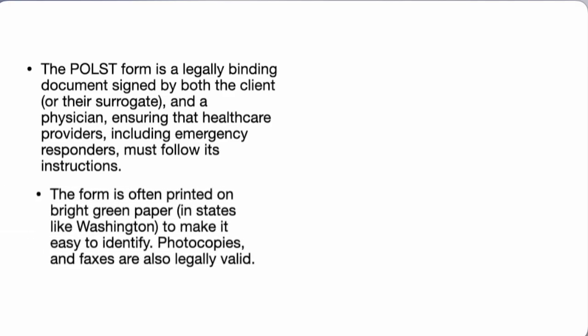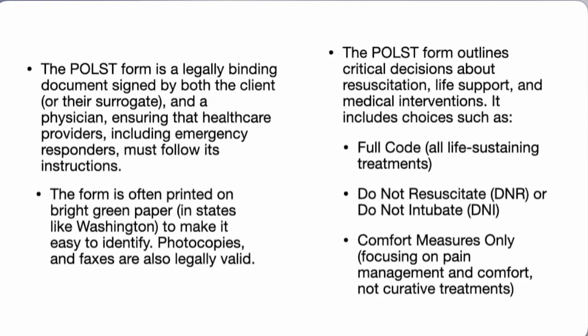The form is often printed on bright green paper in states like Washington to make it easy to identify. Photocopies and faxes are also legally valid. The POLST form outlines critical decisions about resuscitation, life support, and medical interventions.